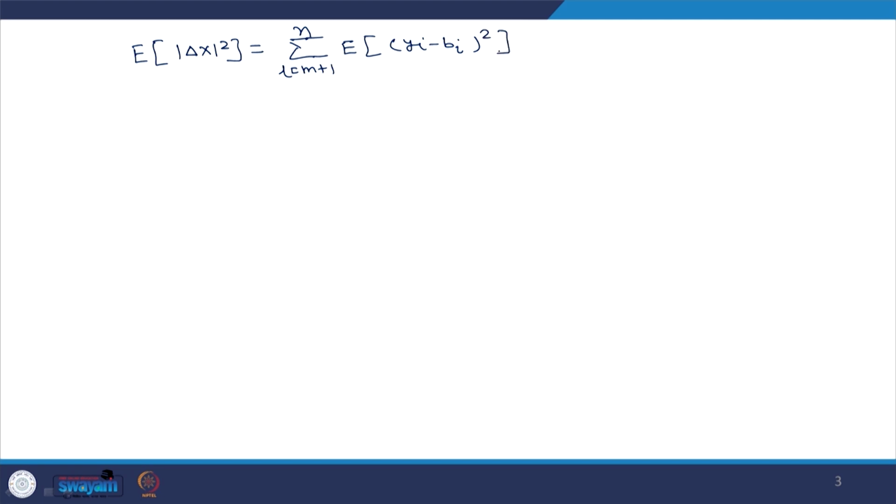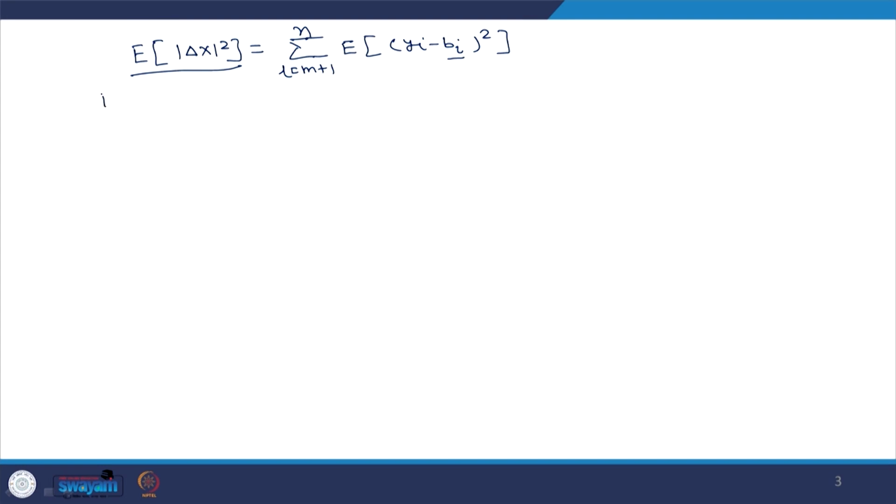In PCA what we need to do? We need to find b_i as well as phi_i, which minimize this particular error, because it is the representation error and we want to preserve as much information as possible in the lower dimensional space. So, we have to minimize the representation error. Now, first find b_i.